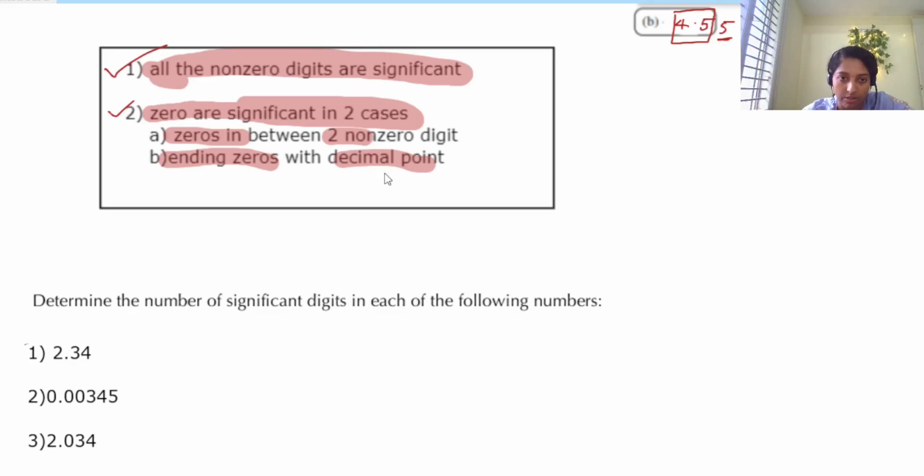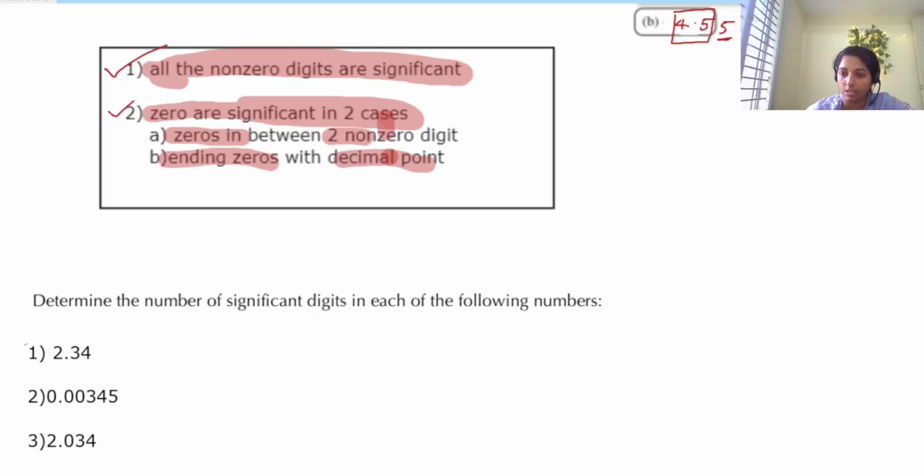If you study a textbook, you may see several rules, some 10 or 11 rules, but you can just conclude the two rules like this: all the non-zero digits are significant, and zeros are significant in two cases: zeros in between two non-zero digits and ending zeros with the decimal point.